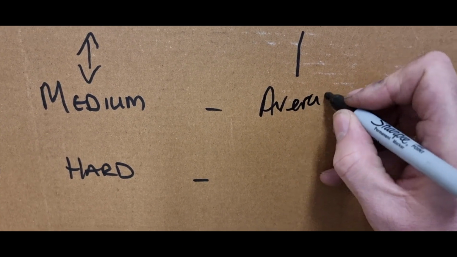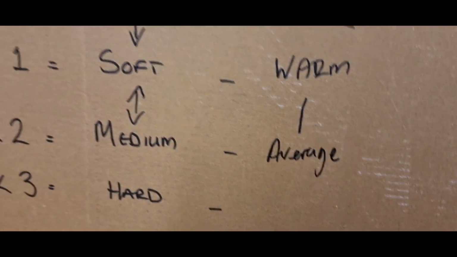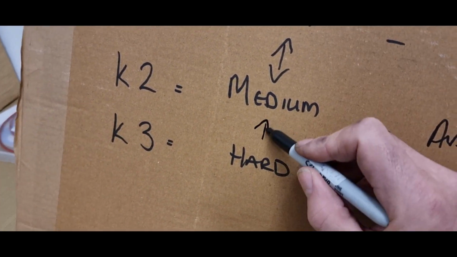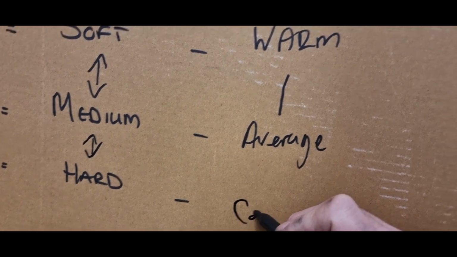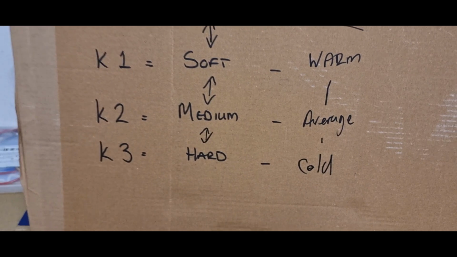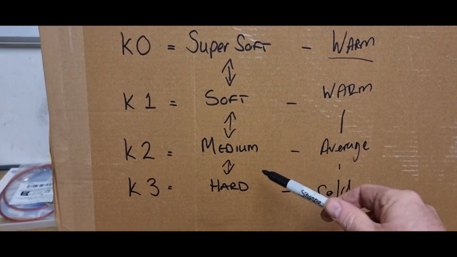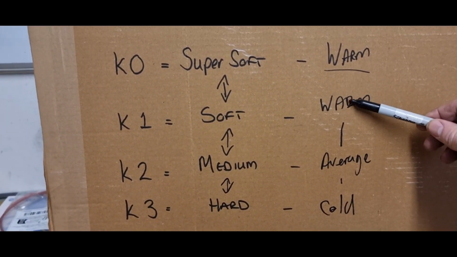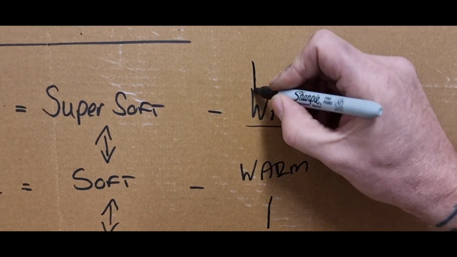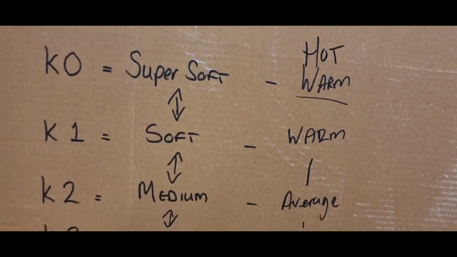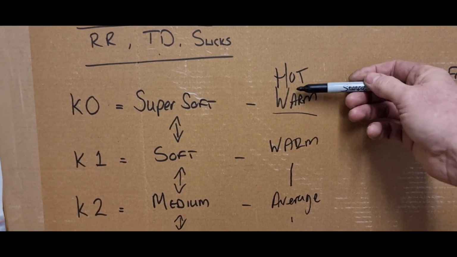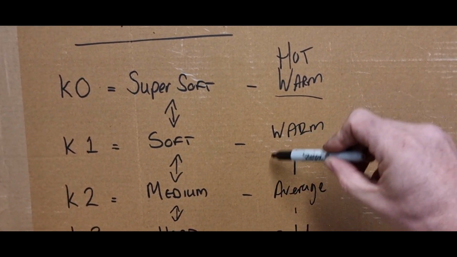I'll call that average temperature, right? And then obviously we've got the K3, which is hard, and that's when it's used in the cold. So you can cross these, but I wouldn't use a K3 when it's really warm. Now, the K0, I'll put that as hot, not warm, just to make that difference. Yeah. Qualifying tyre.